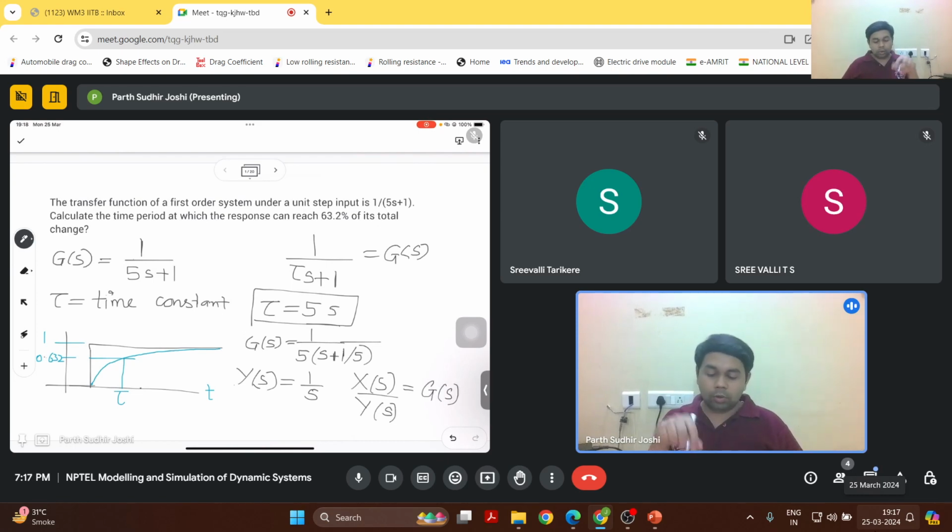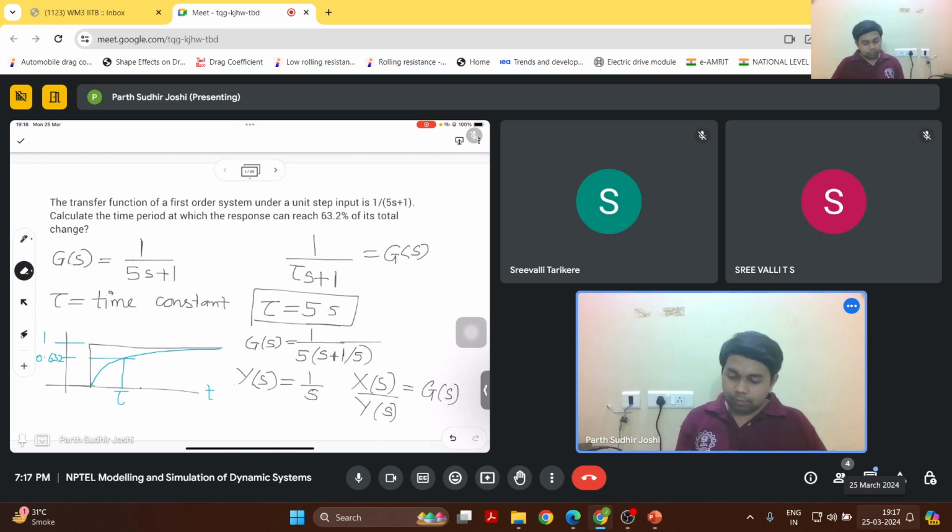We can find the inverse Laplace transform using the concept of partial fractions.